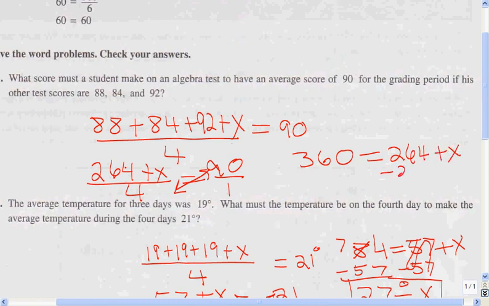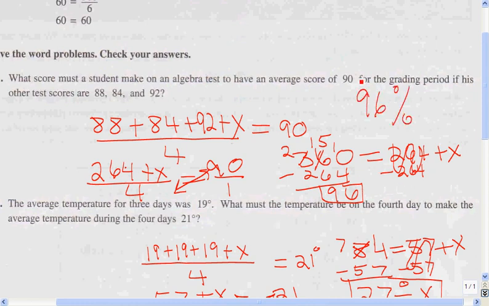I'm going to subtract 264 from both sides so I can isolate my x. And what I get is 96%.